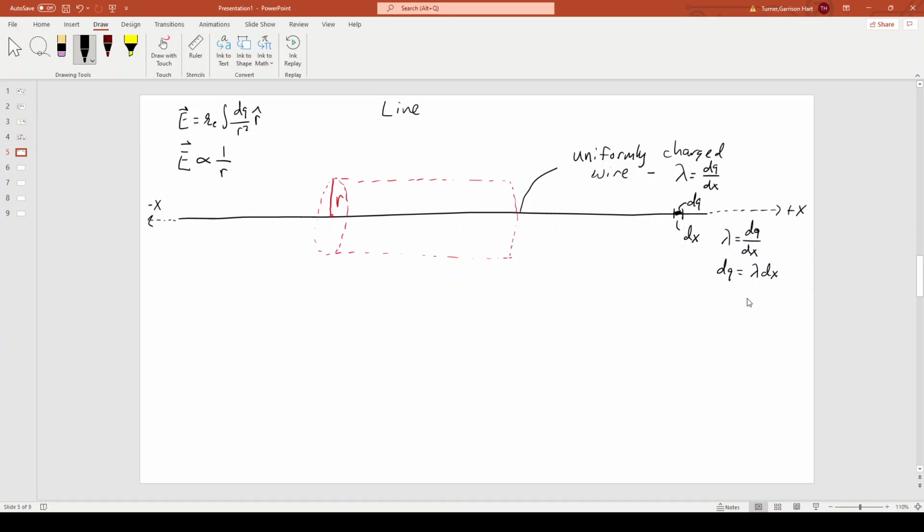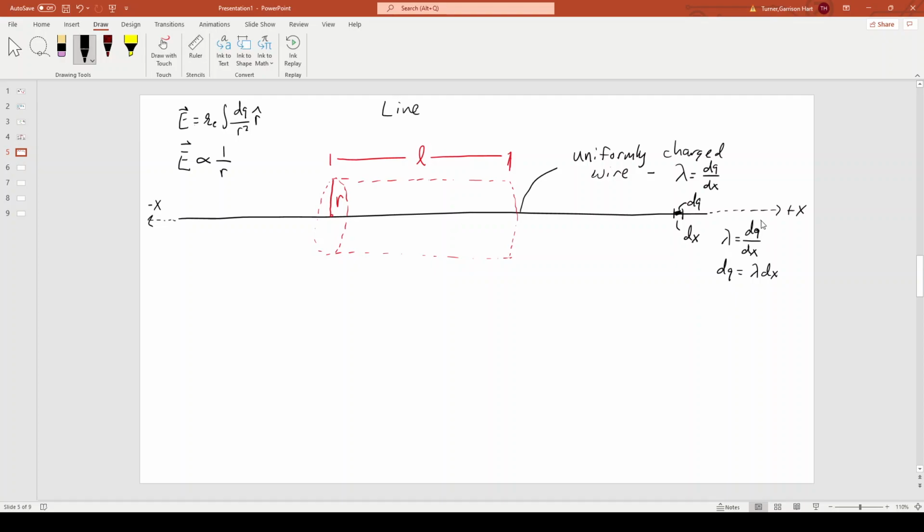Now, if my Gaussian surface has a length L, there's some geometry we need to talk about in just a moment, but I want to understand how much charge is enclosed on this line, because I need to get Q enclosed.